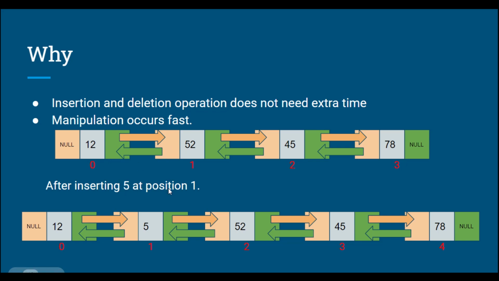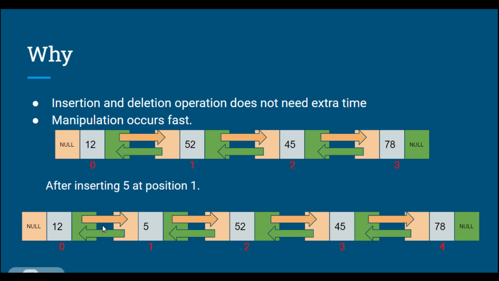In linked list, if you try to insert 5 at position 1, we just have to change the address of the previous element. If you see, the previous address of 52 was 12, but if you insert 5, it will store the address of 5, and the next address of 12 will store the address of 5.